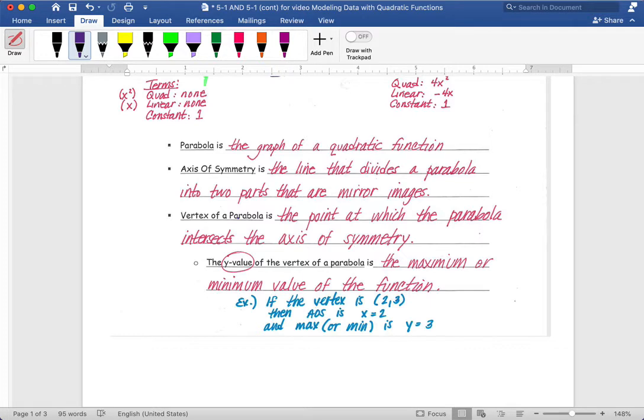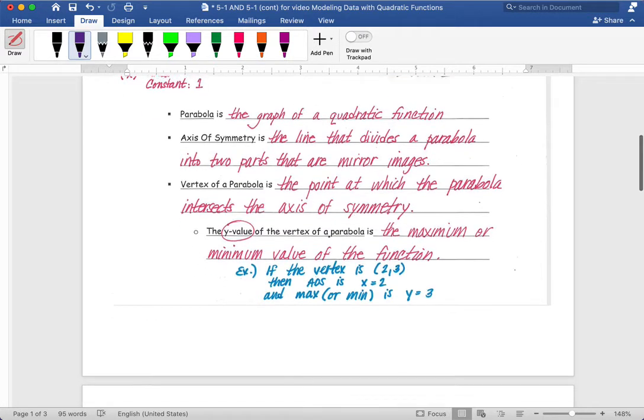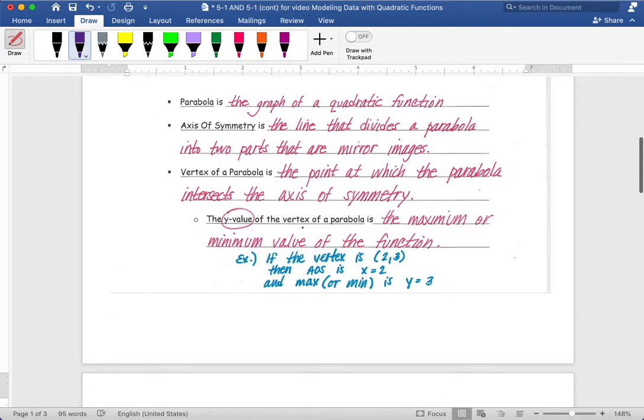It was the bottom or the top point. Remember, that was a V-shaped graph. Those had a vertex, and so do parabolas. It's the point at which the parabola intersects the axis of symmetry. The y value of the vertex of the parabola is the maximum or the minimum value of the function.